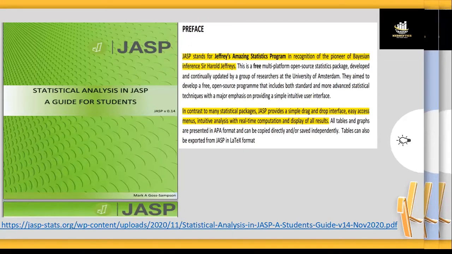He says, JASP stands for Jeffreys's Amazing Statistics Program. And this was in recognition of the pioneer of Bayesian inference, Sir H. Jeffreys. Now, let us see the various menus on the JASP platform.